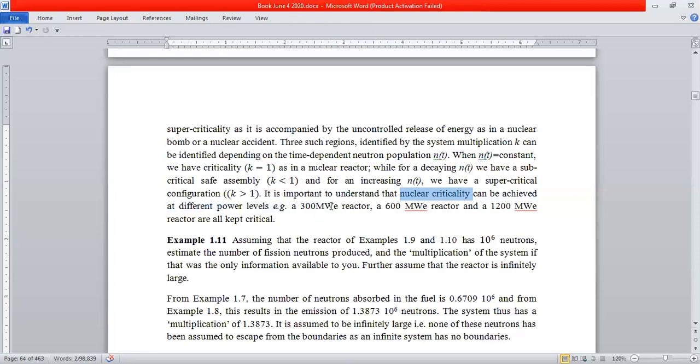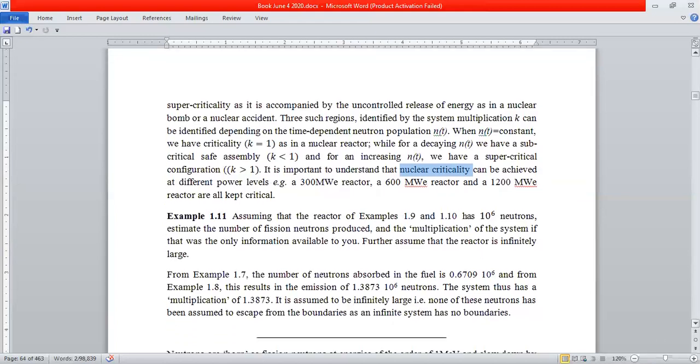So you can have a 300 megawatt electric nuclear reactor, which is critical. You can have a 600 megawatt electric nuclear reactor, which is critical. You can have a 1200 megawatt electric. You can have a 1 megawatt electric nuclear reactor, which is critical. So criticality does not depend on the power that you get out of it. It's just a bigger and bigger system, and more heat is to be removed.